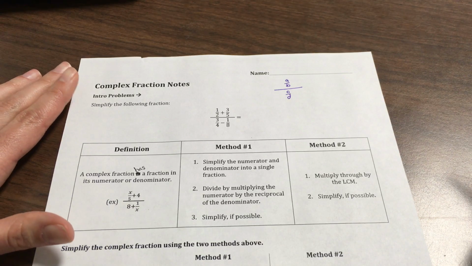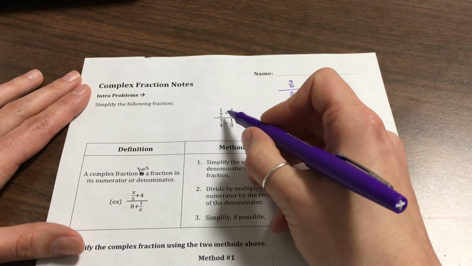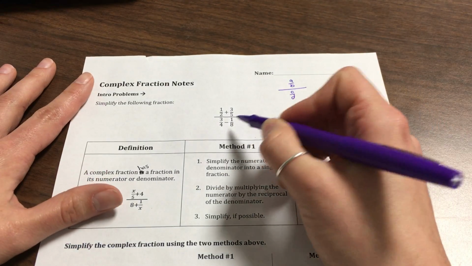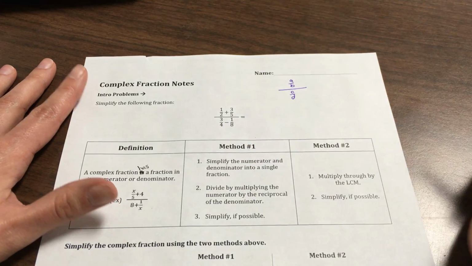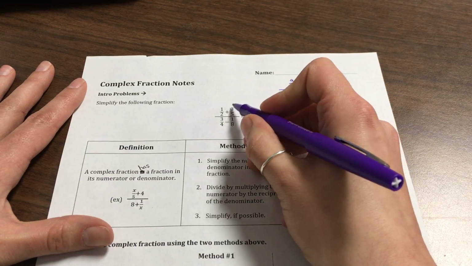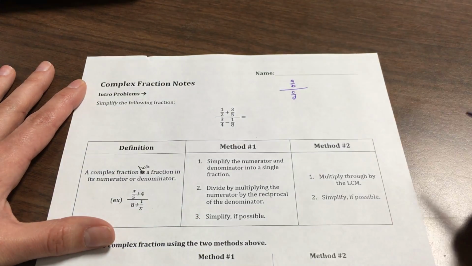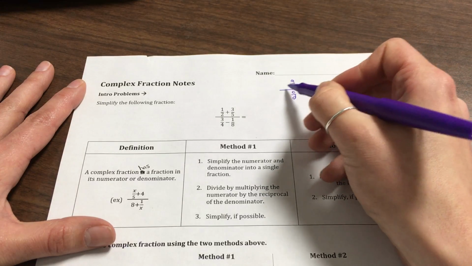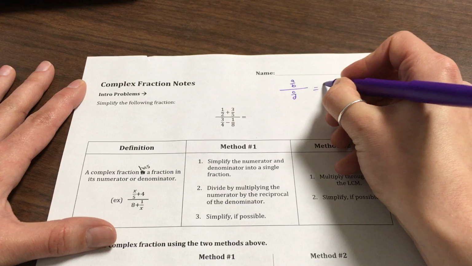one fraction. If we look at our introductory problem here, I have 1/2 plus 3/5 over 3/4 minus 1/8. So our goal here is to simplify the top, simplify the bottom, and then we'll treat this as a division problem. So once I get one fraction over one fraction, I can treat it like fraction division.